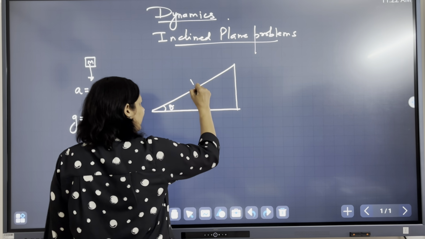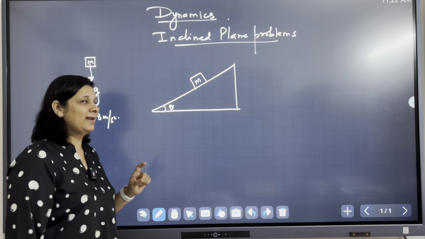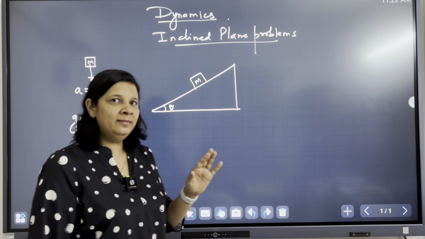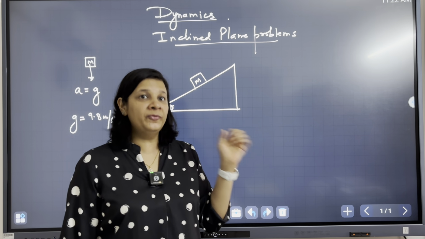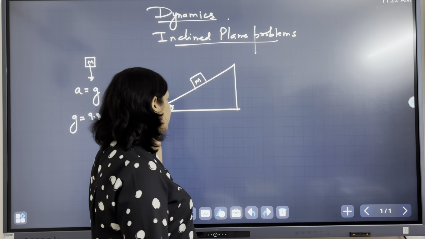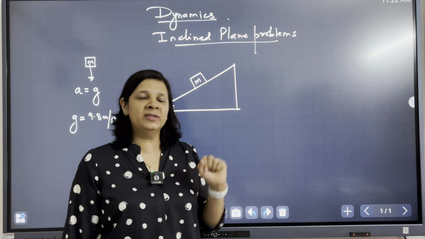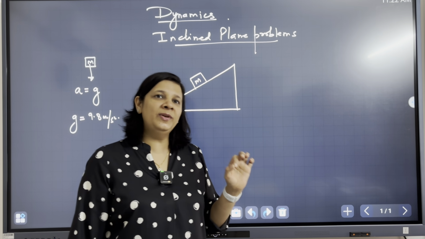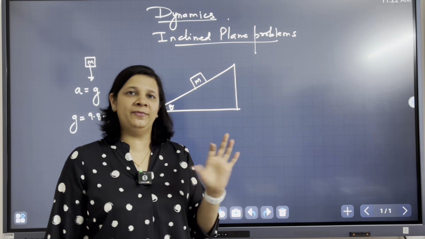Because we all know that if a block of mass m is kept on an inclined plane, right, then there will be some gravitational force acting on it. If there is no friction, then the block will come down. If there is friction less than the gravitational force, then also the block will come down. So we will calculate the acceleration of the block in both the cases, with friction and without friction.